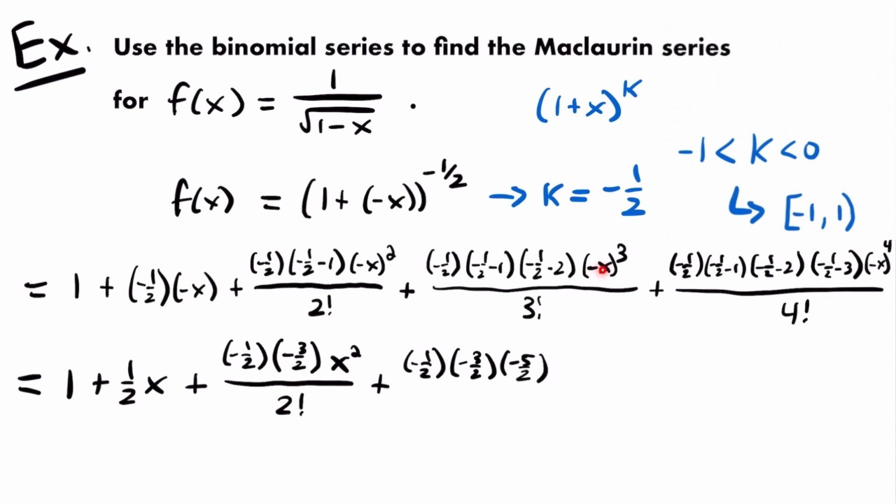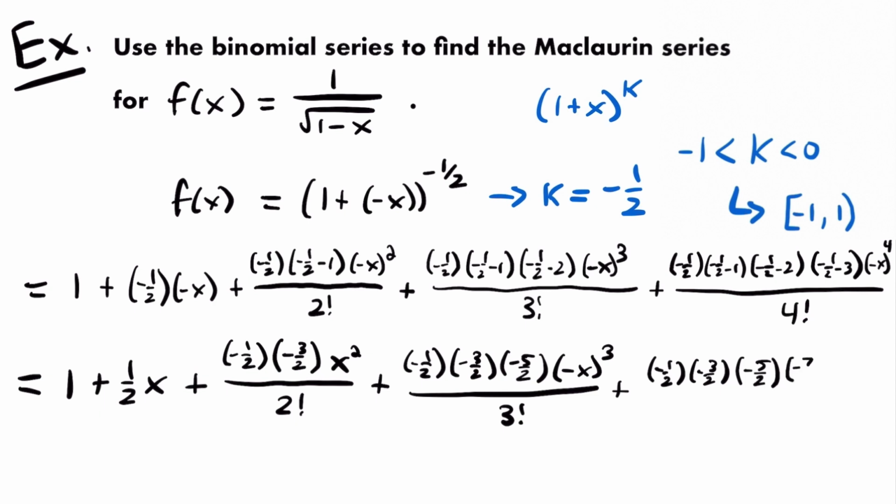And then we have negative x cubed, and when you cube a negative value, it's going to remain negative, so I'm just going to keep that as negative x cubed, and that will be divided by 3 factorial, and then we have plus negative 1/2 times negative 1/2 minus 1, which is negative 3/2. Negative 1/2 minus 2 is negative 5/2. And the negative 1/2 minus 3 will be negative 7/2, right? 3 is the same as 6/2, so negative 1/2 minus 6/2 will be negative 7/2.